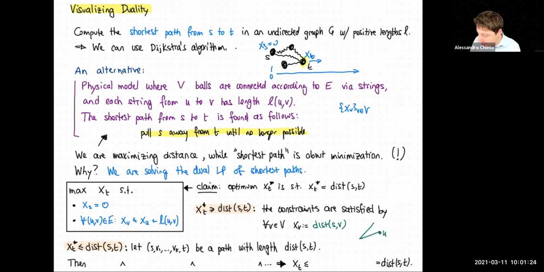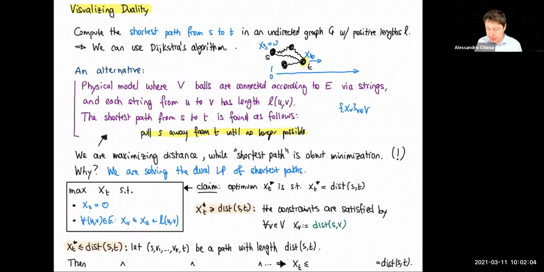I have some edge U, V, and the distance from S to V, like in some path here, is certainly no more than the distance from S to U plus the edge from U to V, because that is one of the options for me to go to V. And the shortest distance cannot be more than that, right? So therefore, setting variables this way shows me that the optimum is at least the distance from S to T.